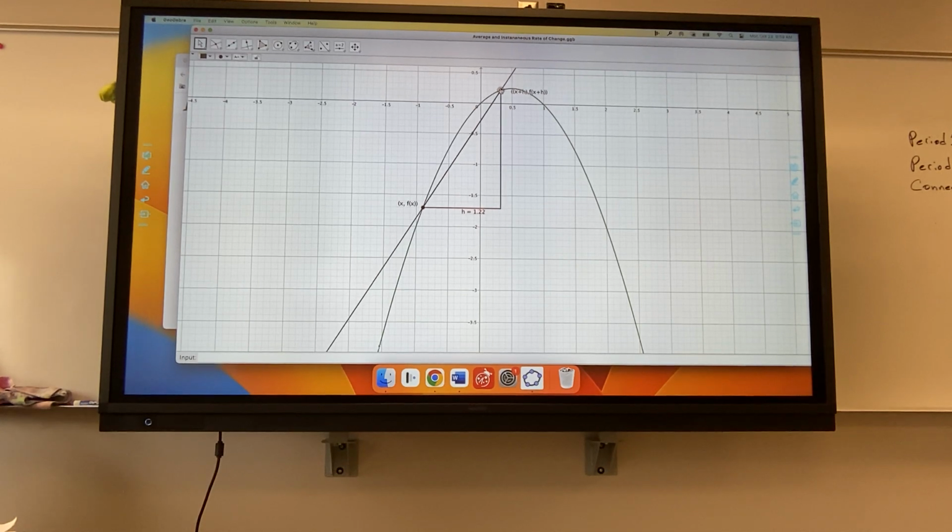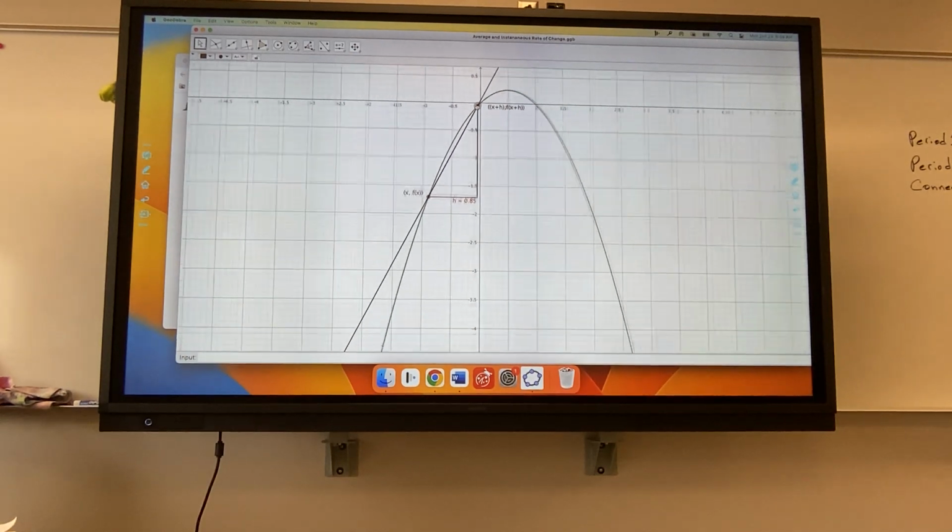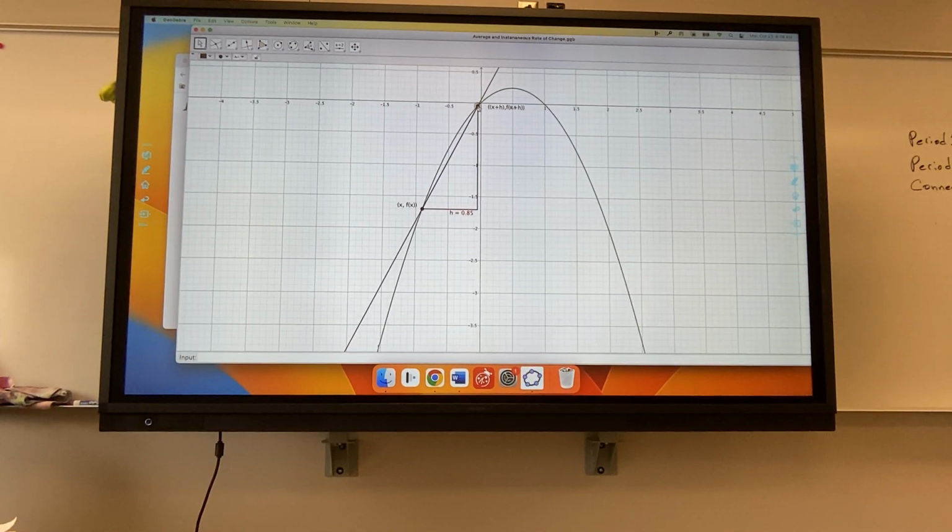h decreases. And as that point gets smaller and smaller, that secant line is getting closer to the curve, isn't it? And it starts looking like the tangent line.